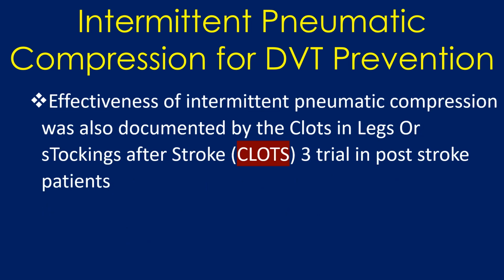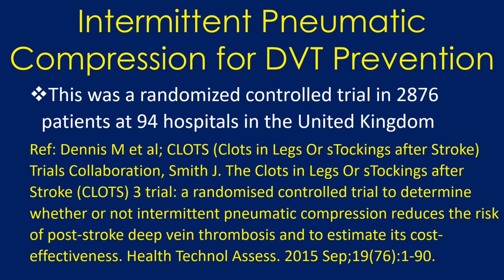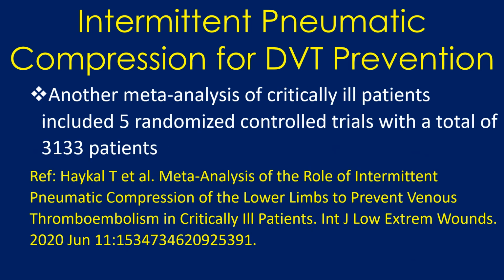Effectiveness of intermittent pneumatic compression was also documented by the CLOTS 3 trial in post-stroke patients. This was a randomized controlled trial in 2,876 patients at 94 hospitals in the United Kingdom. Another meta-analysis of critically ill patients included 5 randomized controlled trials with a total of 3,133 patients.